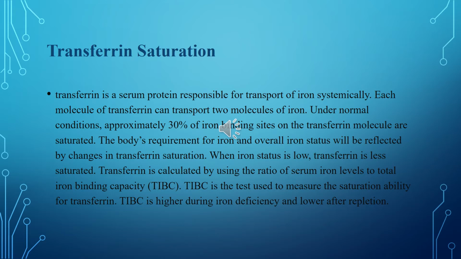Transferrin saturation reflects iron availability to tissues. To calculate transferrin saturation, serum iron is divided by TIBC, total iron binding capacity, multiplied by 100.